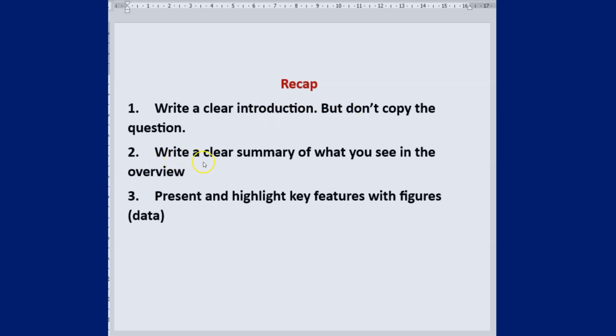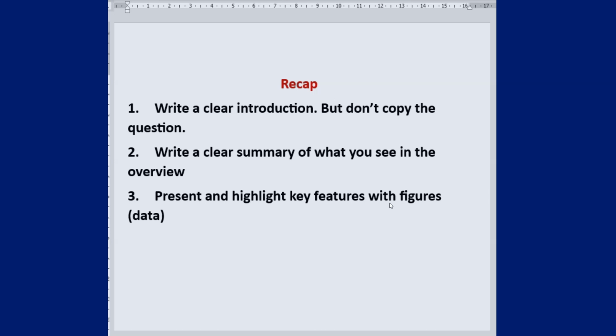Secondly, write a clear summary of what you see in the overview. Make sure that it covers the entire thing that you need in the graph. And also present and highlight the key features with figures.